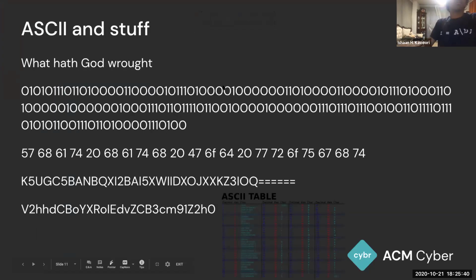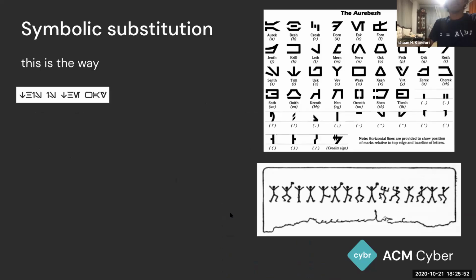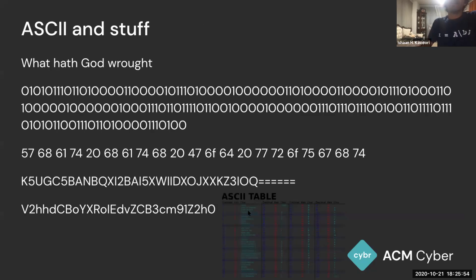Okay, now ASCII stuff. I wanted to mention this because it shows up in CTFs pretty often. If you're familiar with the ASCII table, then you know that each letter has a value associated with it in ASCII.